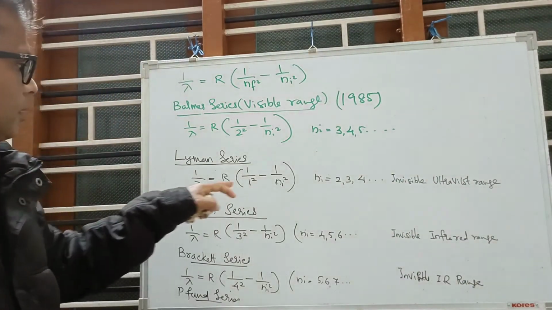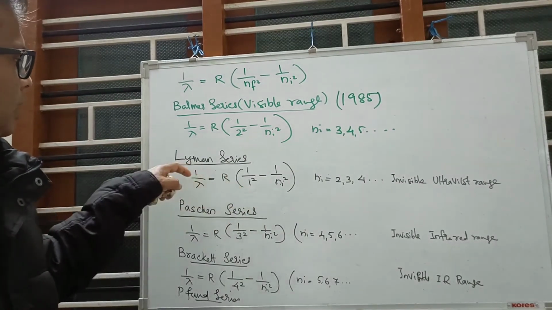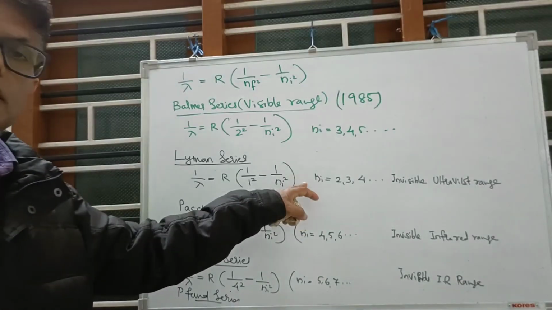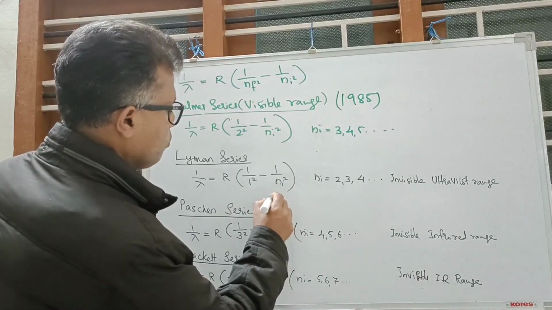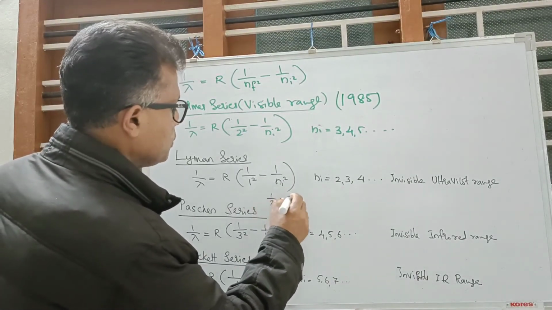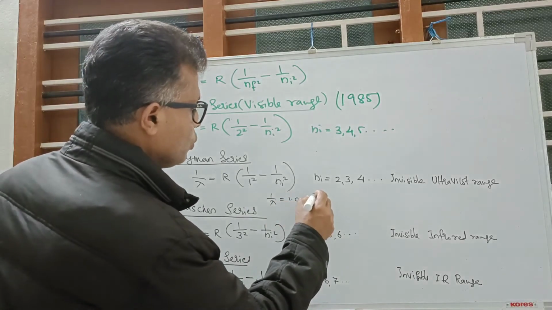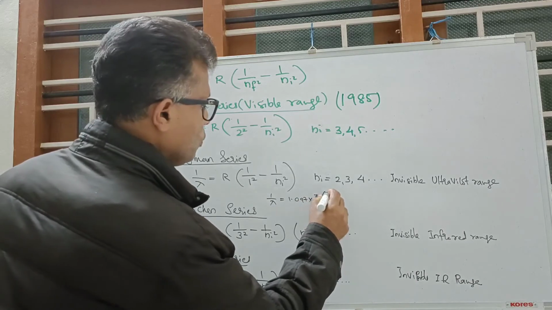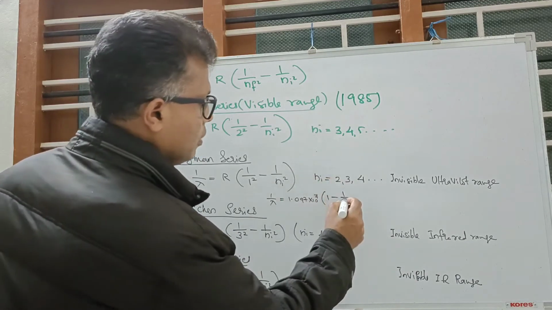Can you just calculate the wavelength here? Can you calculate the wavelength for the Lyman series? We'll just do it here itself. 1 by lambda is equal to 1.097 into 10 raised to 7 into 1 minus, I'm just taking the second one, 1 by 4.